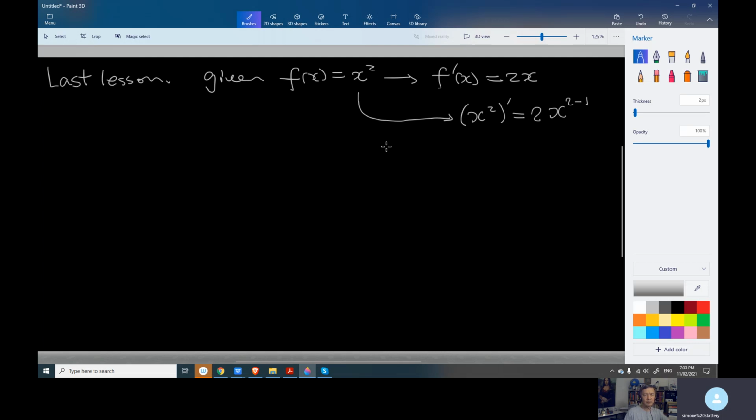Now, just as a first example, say f(x) equals x. What would the first derivative be?